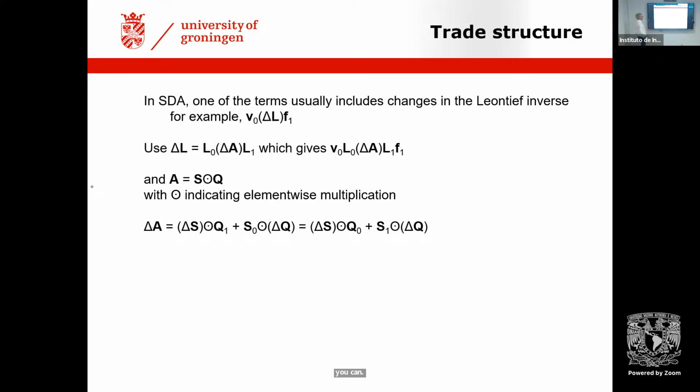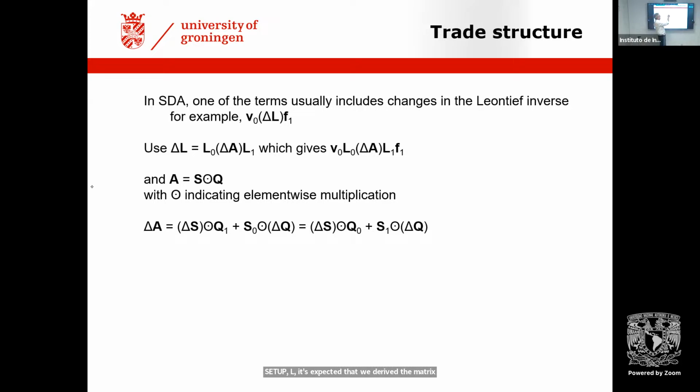So let's take, again, portfolio decomposition analysis, and suppose we're interested in GDP. So we have one of the terms, the delta L effect, which is V0 delta L times F1. What I'm going to do now is substitute for delta L the matrix expression that we derived earlier.